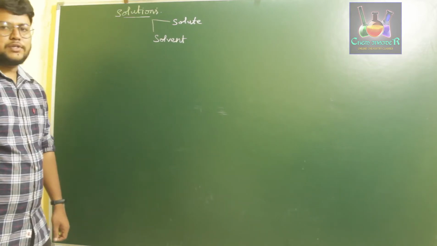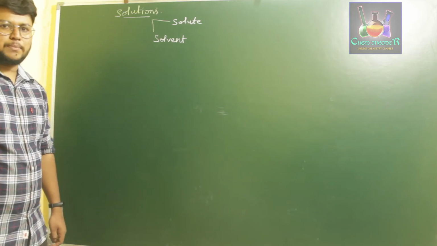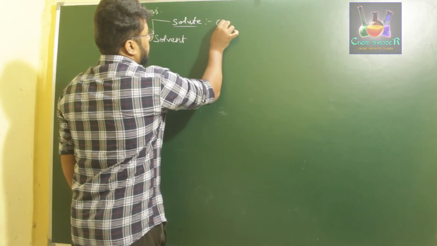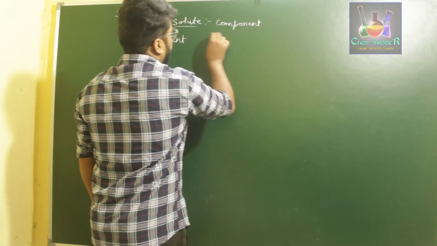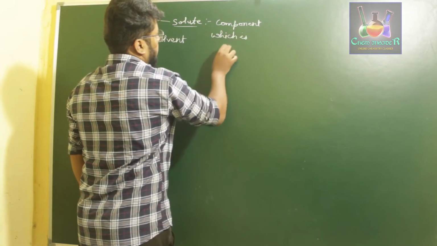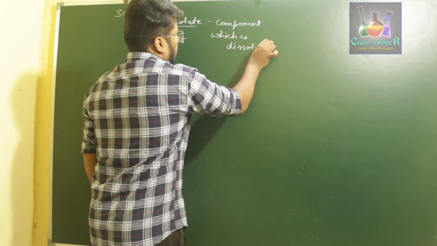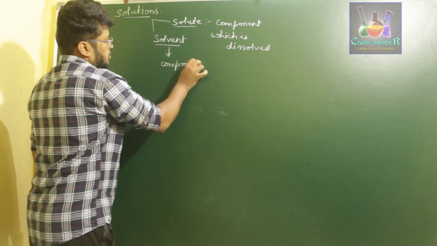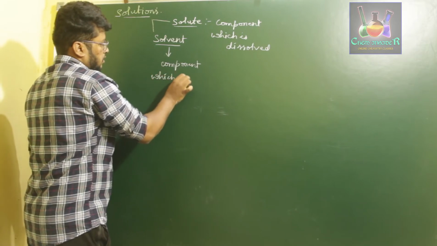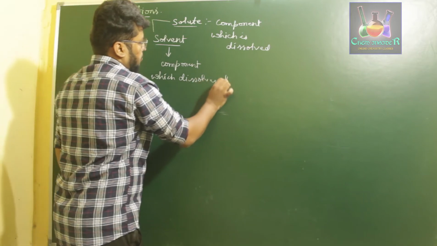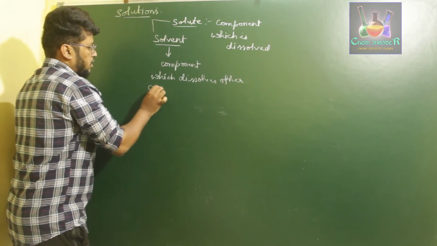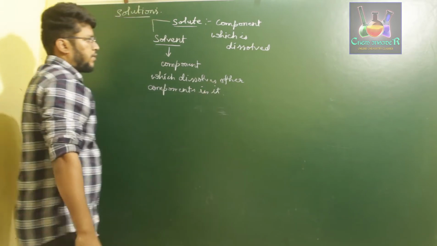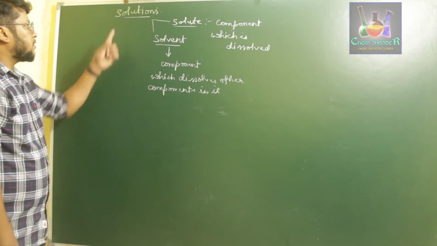You might have learnt about solute and solvent in the previous year, in the class 11 first chapter, Basic Concepts of Chemistry, in which the solute is defined as the component which is dissolved, and the component which dissolves the other components in it is called the solvent. So a mixture of solute and solvent gives us a solution.